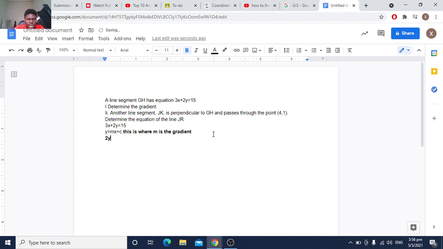Now, 2y is equal to negative 3x plus 15. And if you divide both sides by 2, then the 15 and the 3 are divided by 2.